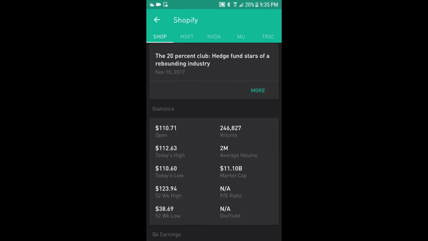Volume tells you how many stocks there are on the stock market for this specific company. If you wanted to buy the company outright, all you have to do is buy 246,827 stocks.